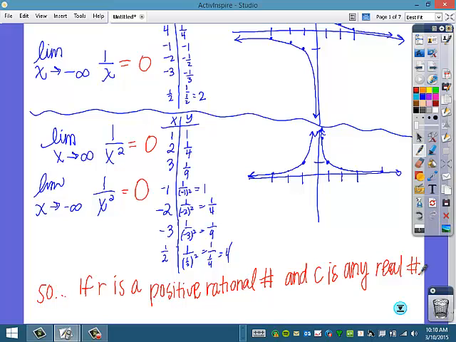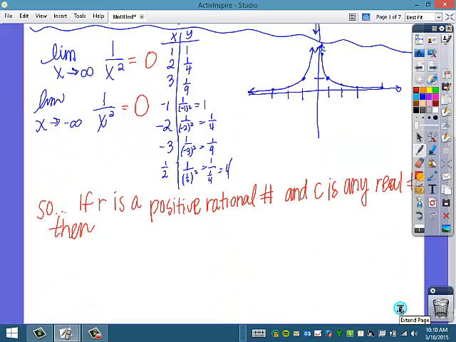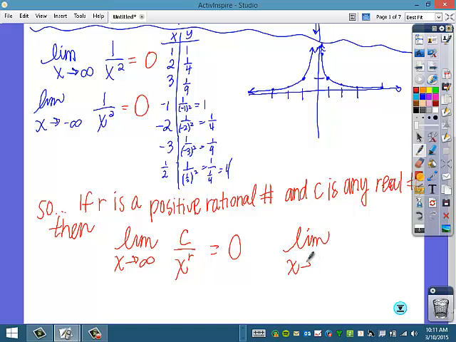Sorry, my handwriting is struggling today. Then the limit as x approaches infinity of c over x to the r is going to be equal to 0, always. And the limit as x approaches negative infinity of c over x to the r is also 0.